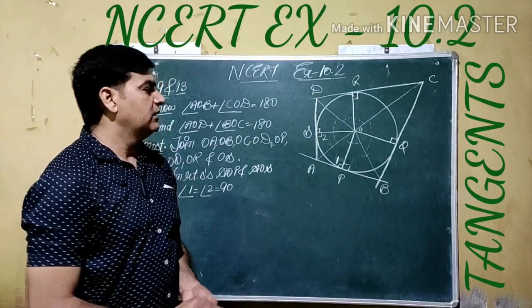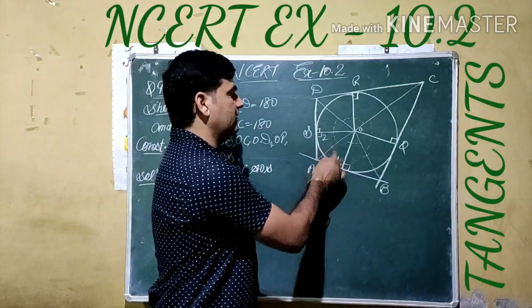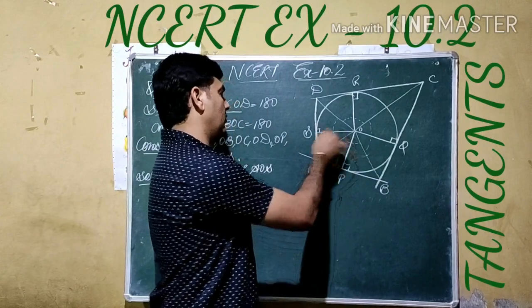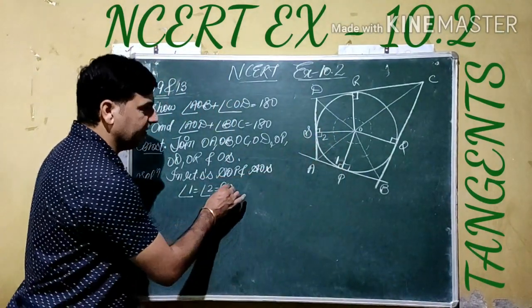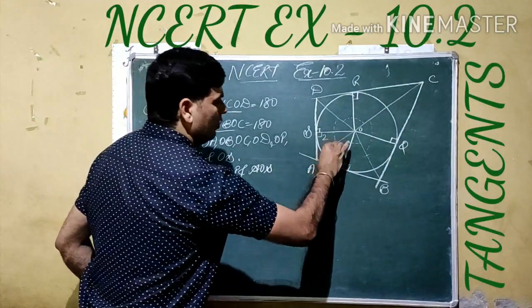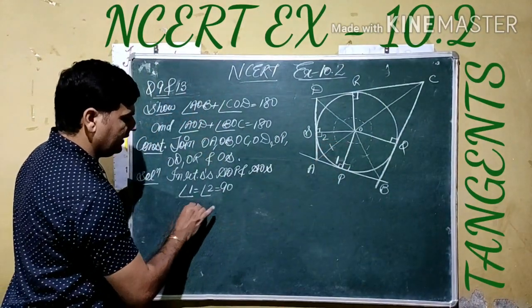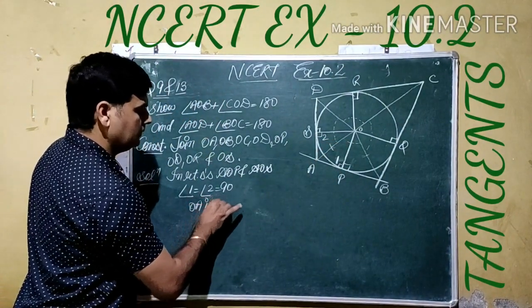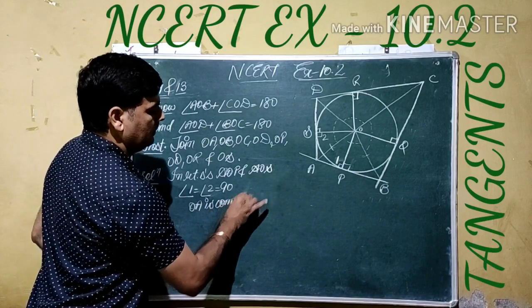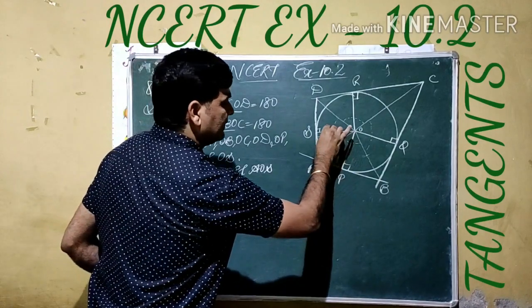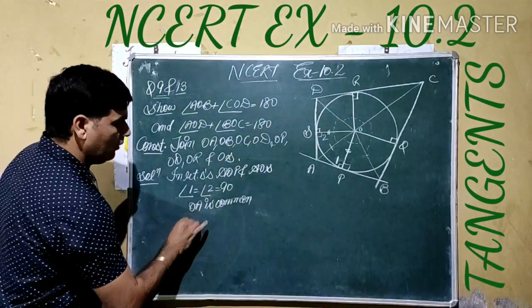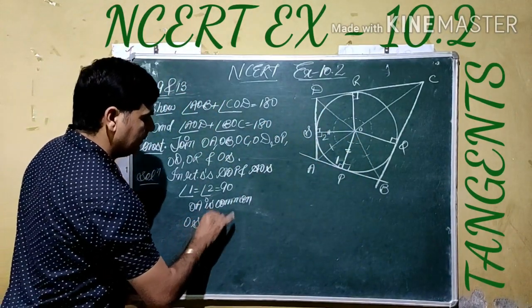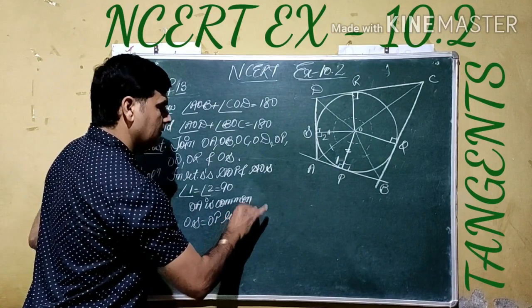As in the 9th question, we are taking here these two right triangles AOP and AOS. If you see here, angle 1 and angle 2 are 90 degrees. The first component: this is the common side, OA is common. And this is the radius for both, OS is equal to OP, radius.